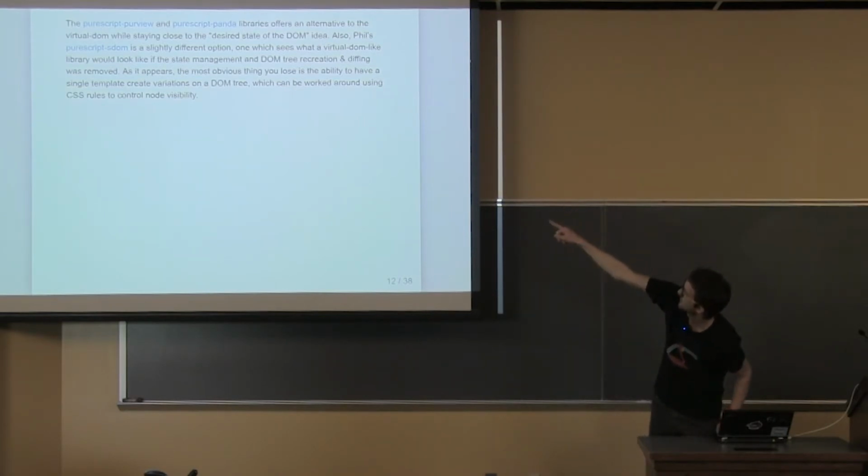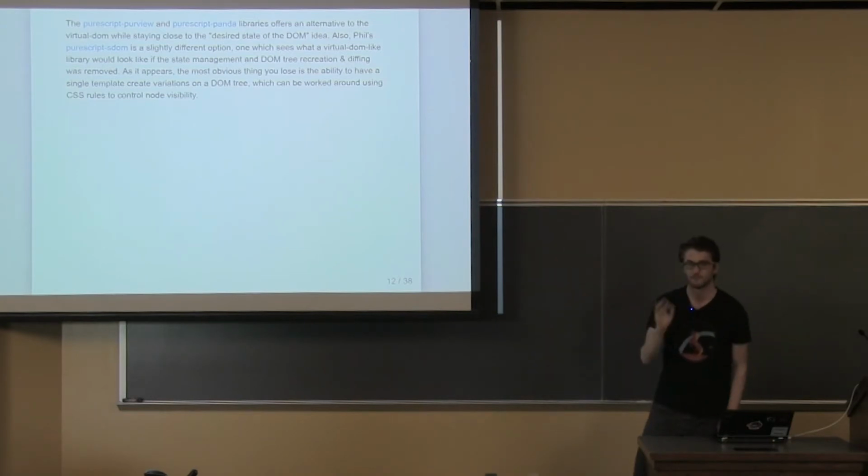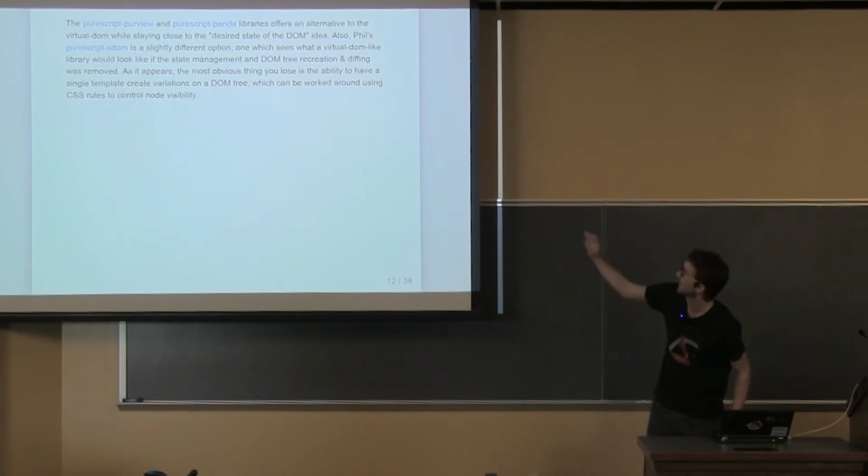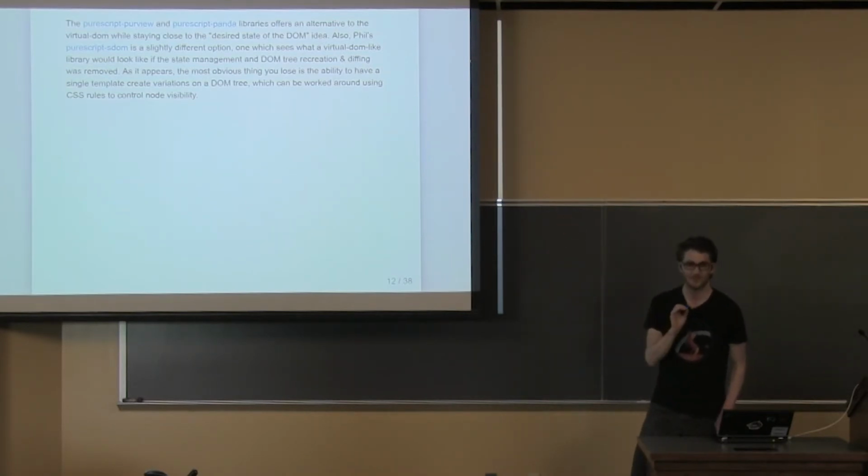Phil's Purview library and SDOM library are some ideas in this direction. They're still new. I don't think anybody's using them to build anything big. I don't have any experience with these, but I'd like to explore them. So yeah, I recommend taking a look.